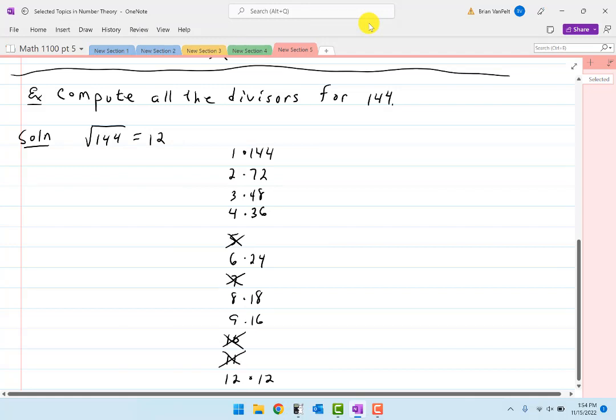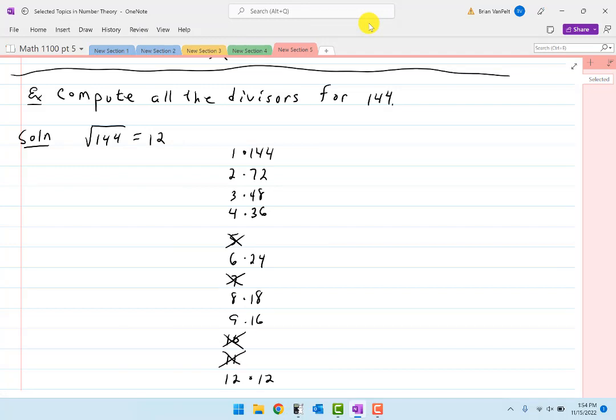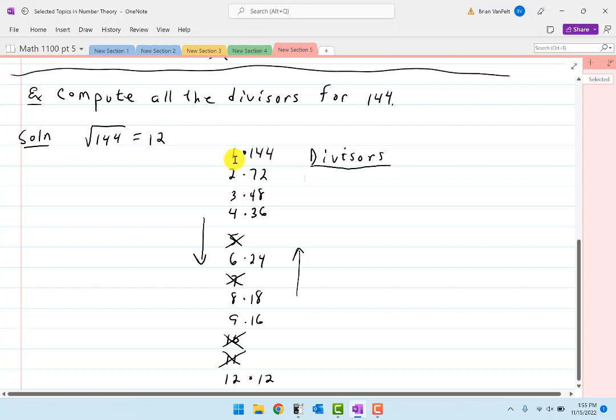So what we have left over is the complete list of factors, not just the prime factors, but all the factors. So if you go down and then up, you can read them all. Let's take a look at my list of divisors. So what I'm going to do is go down here, 1, 2, 3, 4.